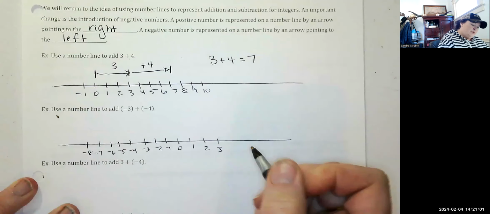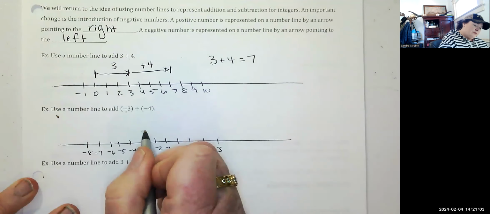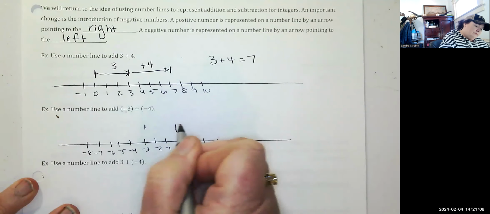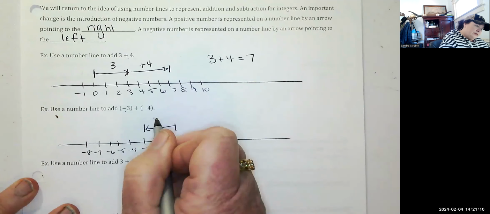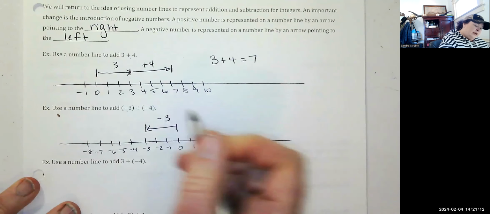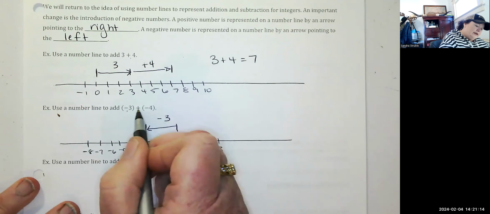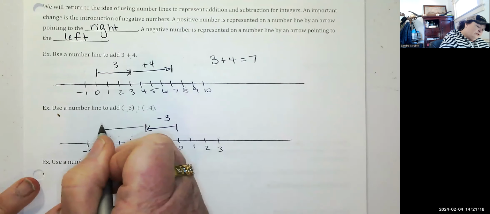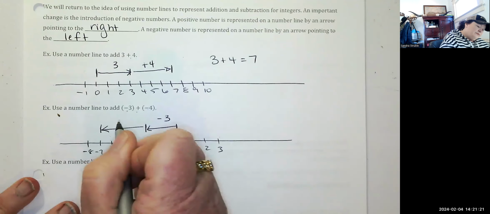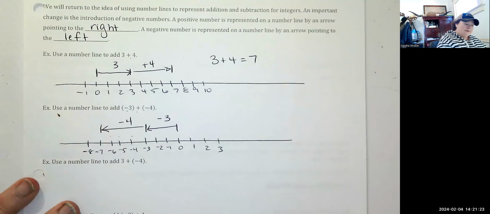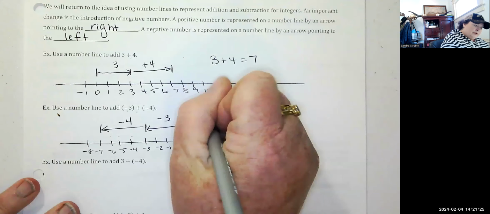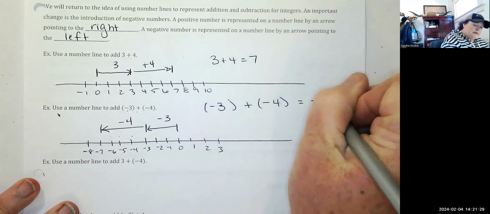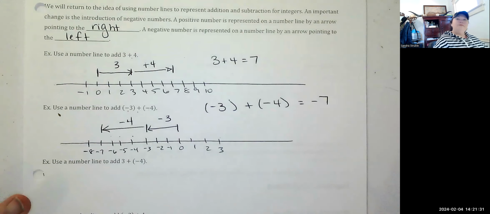All right, so we're starting at -3 right here. So 0 to -3 is -3. And then we're going to add another -4. So 1, 2, 3, 4. And that puts us at -7. So -3 plus -4 is -7.